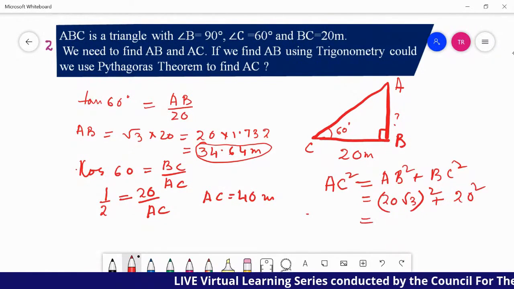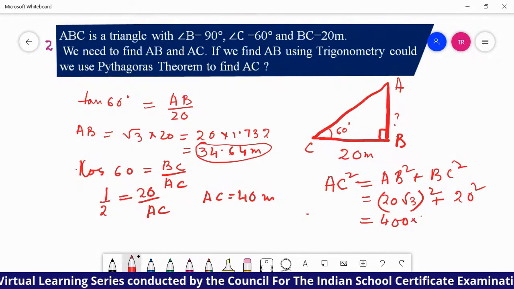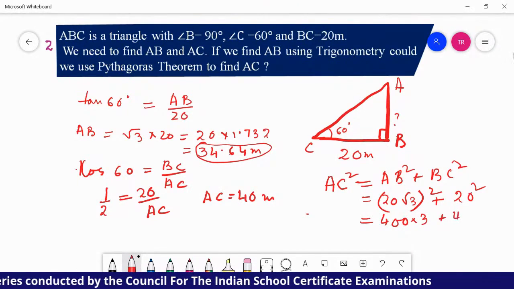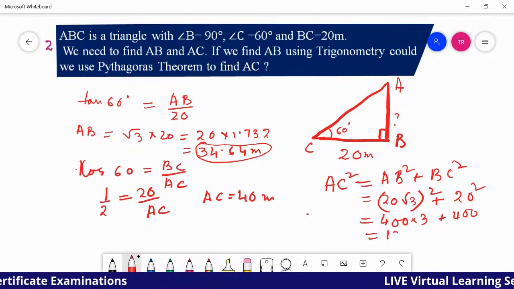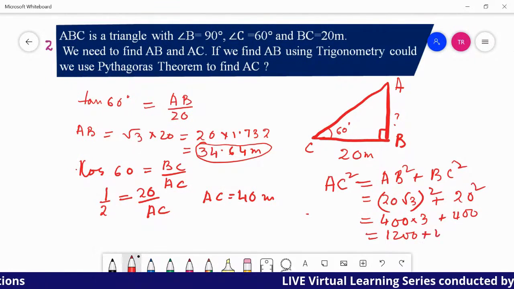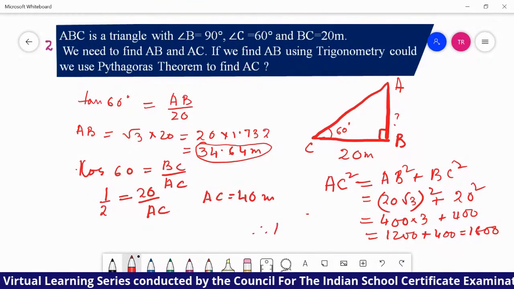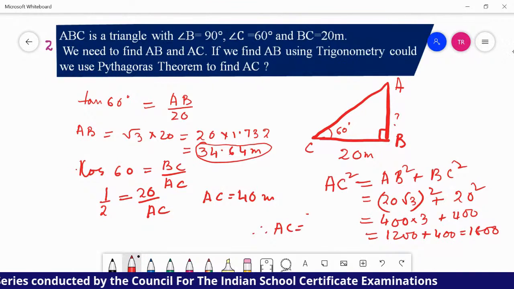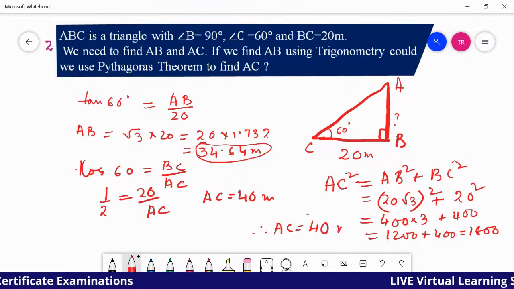That is 400 into root 3 into root 3, which is 3, plus 400. That is 1200 plus 400, equals 1600. Therefore AC is the square root of 1600, which comes to 40 meters.